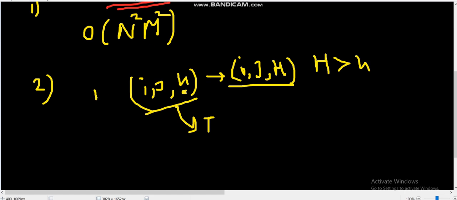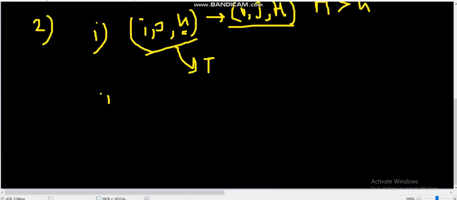Now what is the second observation we can make? We can store these values in a set, and we will take the cell which we can go to with maximum health. So what algorithm can you think of when I am talking about getting a cell with maximum distance?